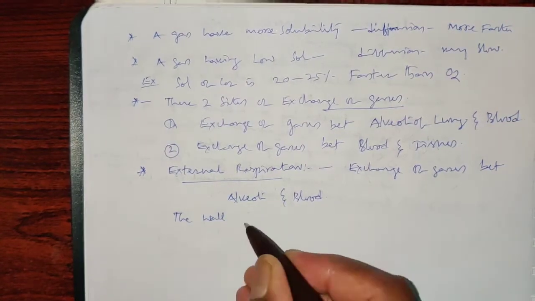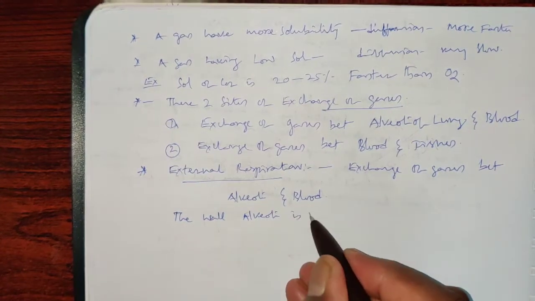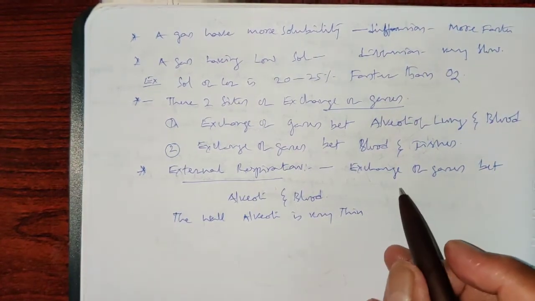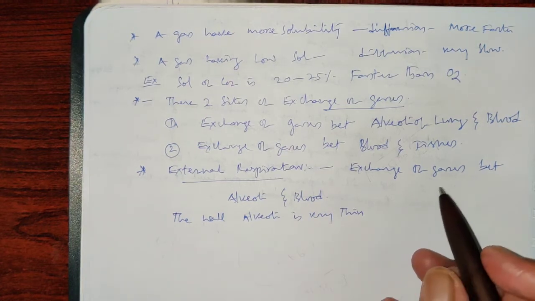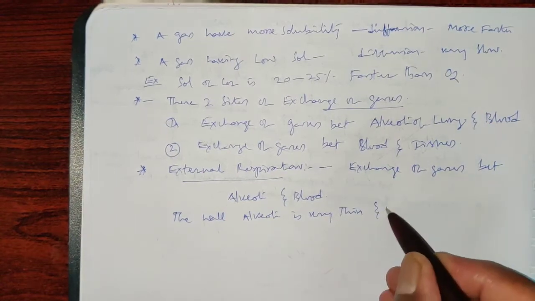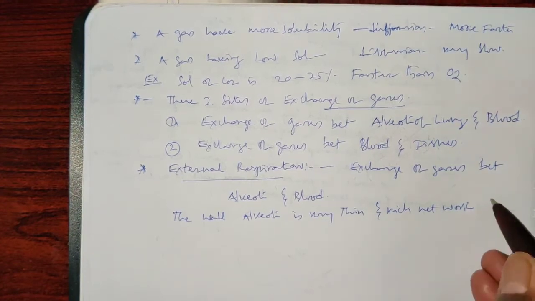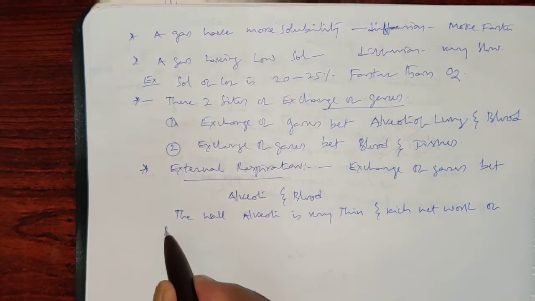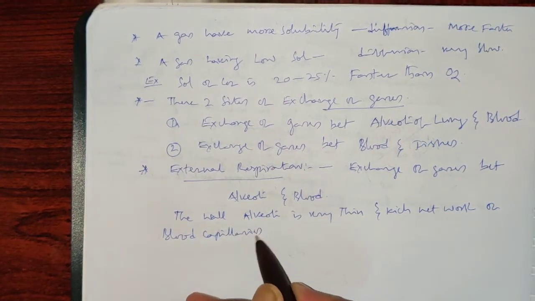The wall of the alveoli is very thin and has a rich network of blood capillaries.